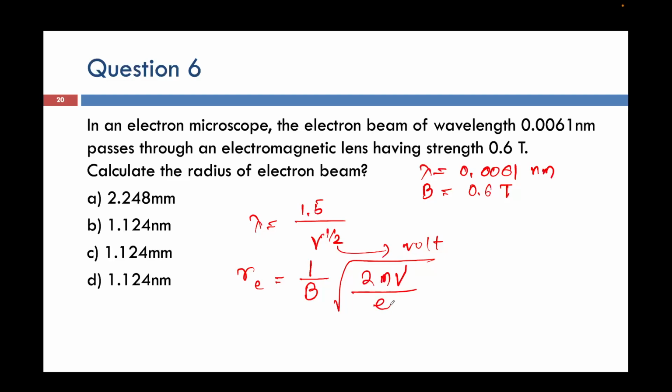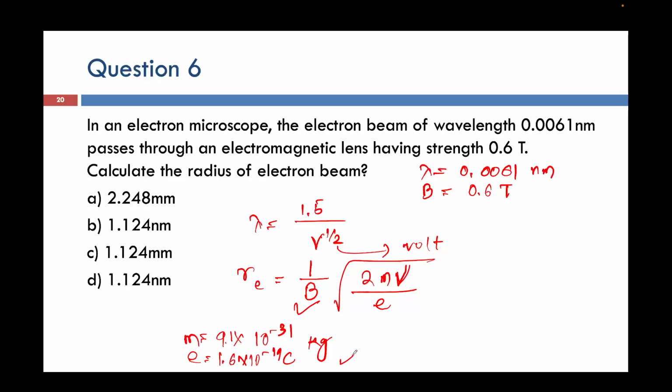Here B is given, m refers to the mass of electron, 9.1 into 10 to the power minus 31 kg. Charge of electron is 1.6 into 10 to the power minus 19 coulomb. V is the accelerating voltage.